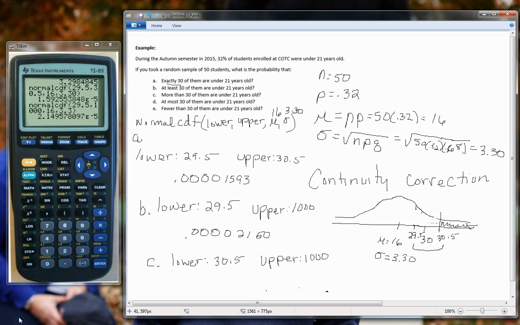Okay, so if we do that on our calculator, we're going to do 30.5. And while I put this in there, the reason we're getting such small values is that if our mean is, we'd expect about 16 of these students, we're way outside 2 standard deviations. So we would expect this to be pretty unusual.